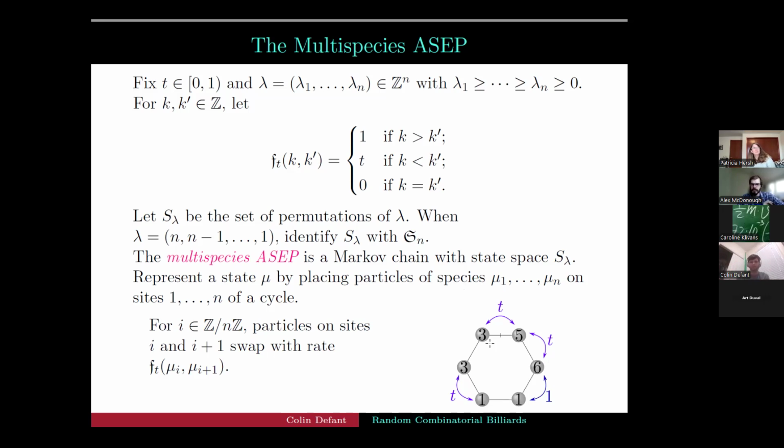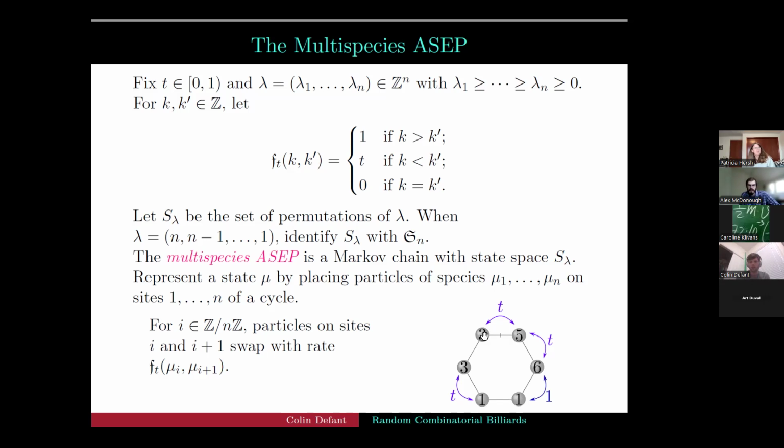Okay. And well, what are the dynamics here? Basically, adjacent particles can swap places with each other at certain rates. So if I have two particles that are adjacent to each other on the cycle, if the one on the left is smaller than the one on the right, then they will swap with rate t. And if the one on the left is bigger than the one on the right, then they swap with rate 1.